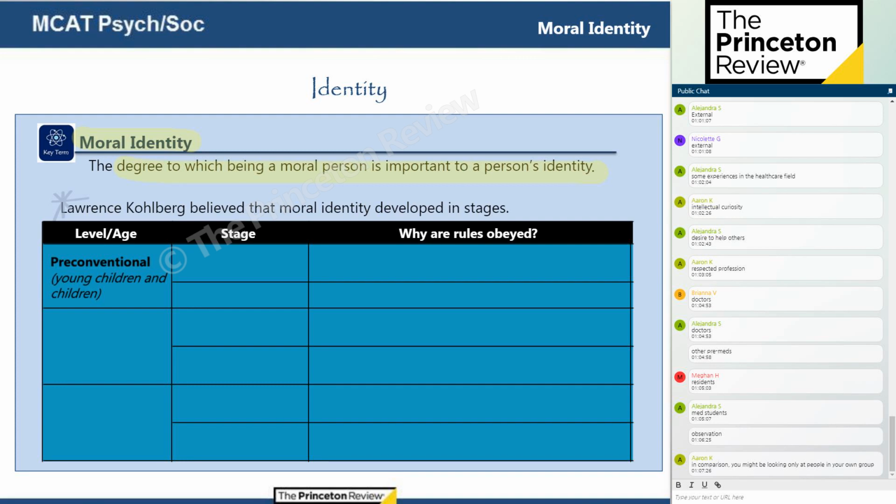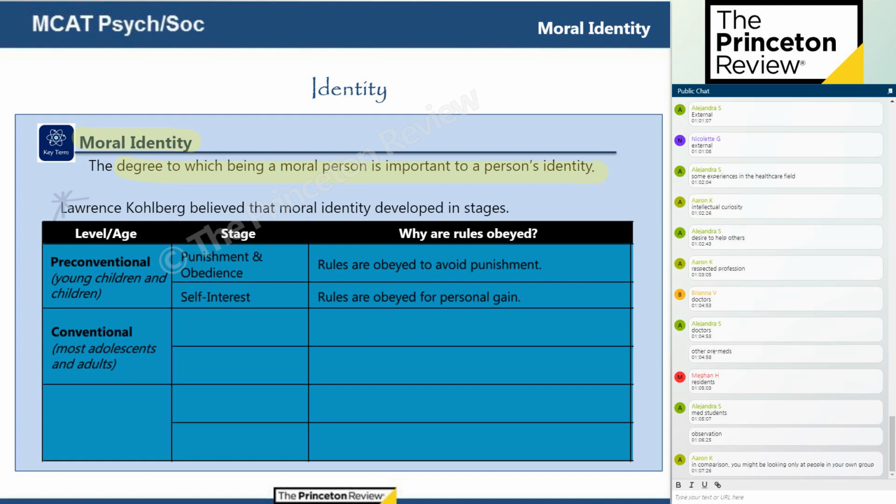The first is what's going on with children. Basically, kiddos obey morals either because they don't want to get in trouble, or they're going to get something out of doing so. And some people, frankly, never progress beyond this stage.